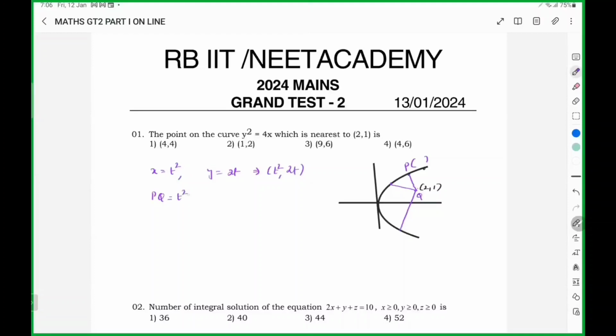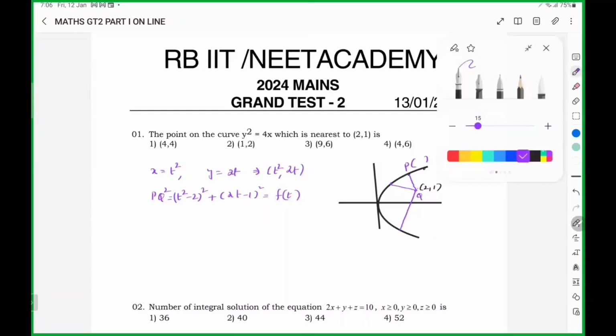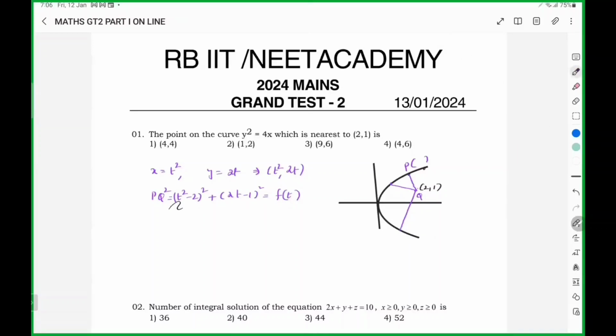PQ squared will be (t square minus 2) whole square plus (2t minus 1) whole square. This is a function of t. So PQ is minimum when f dash t is 0.